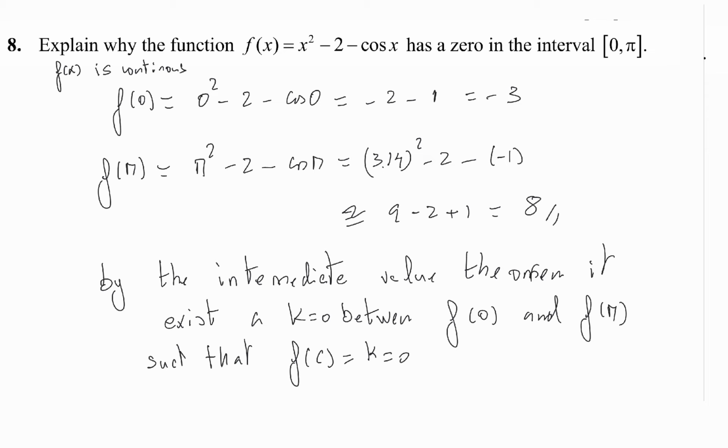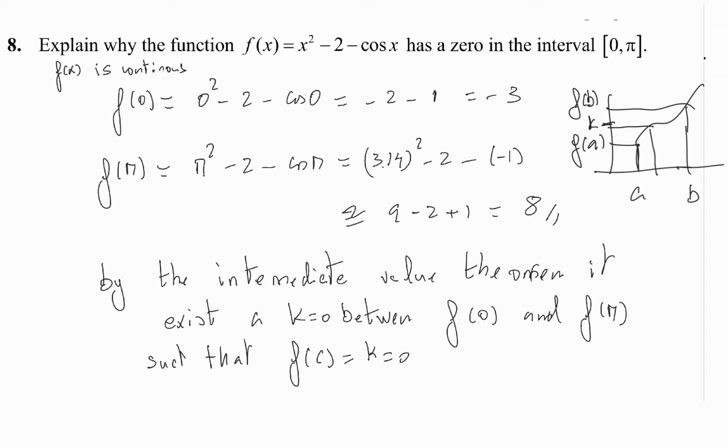The intermediate value theorem says that if you have a closed interval and a continuous function, and f of A and f of B, f of pi, have different values, then for any k that you choose between f of A and f of B, there exists a C value such that f of C will be the k.